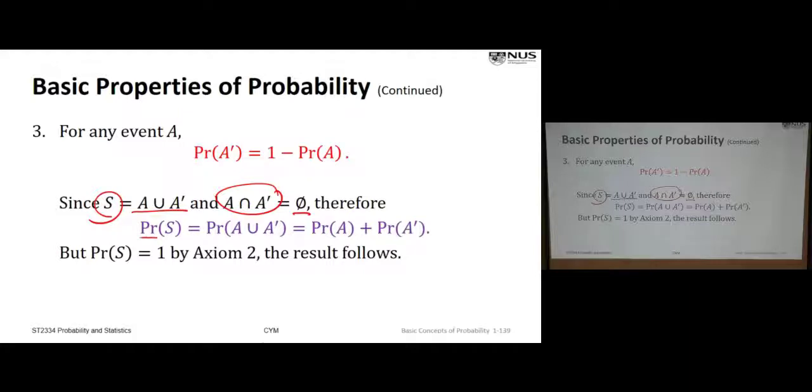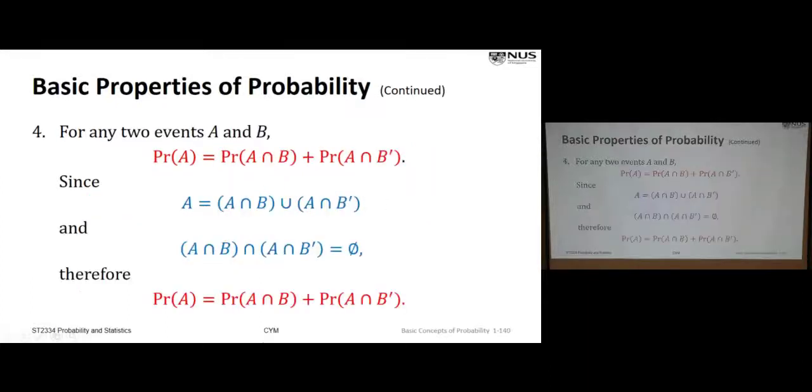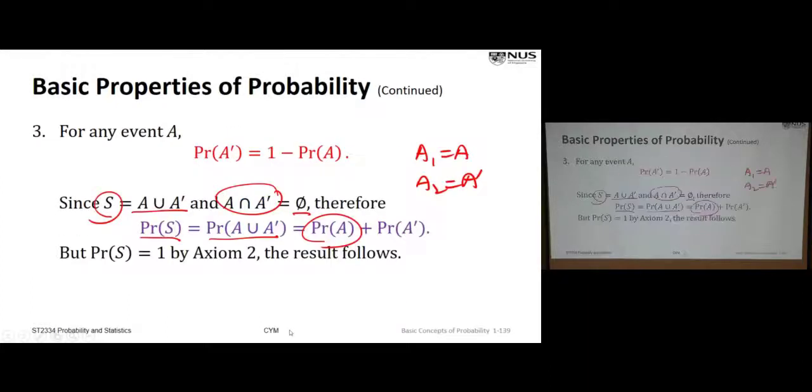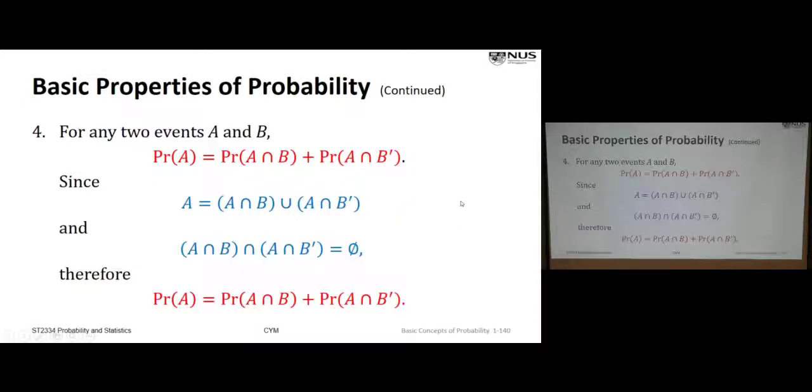So this is equal to this, and applying property 2 with n equal to 2, A1 equal A and A2 equal A complement, it becomes like that. So this is 1. So probability of A complement is 1 minus probability of A. All right? So these are well-known facts.